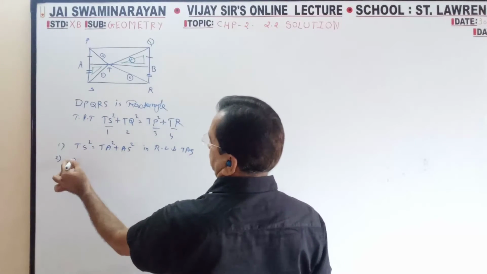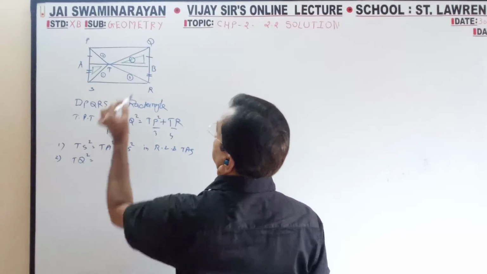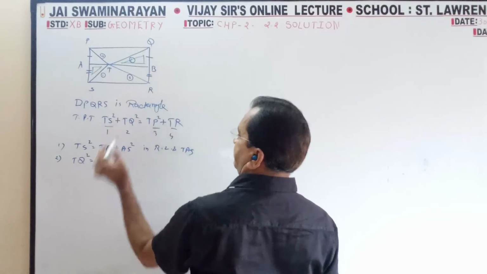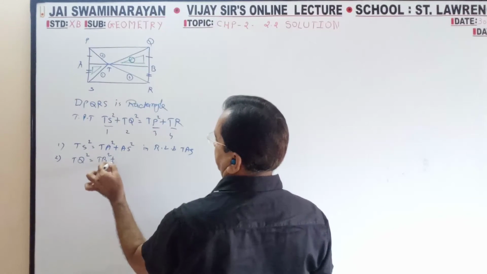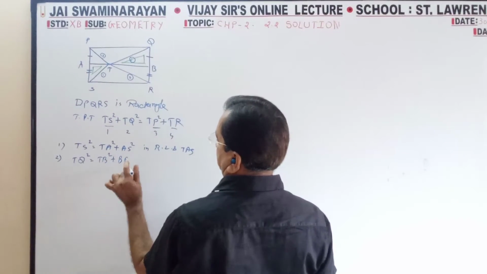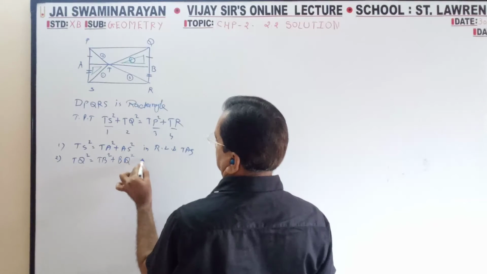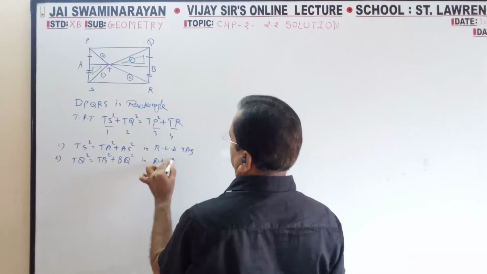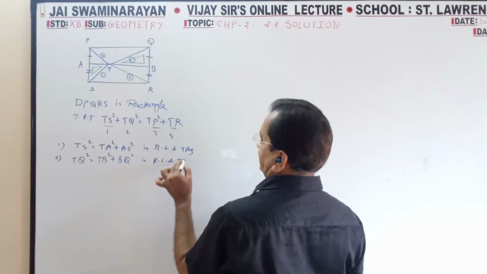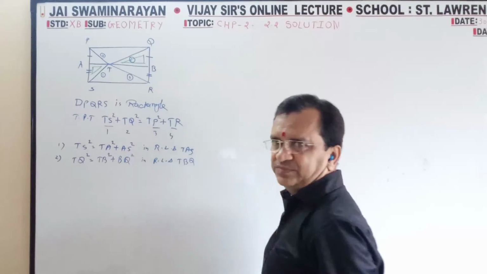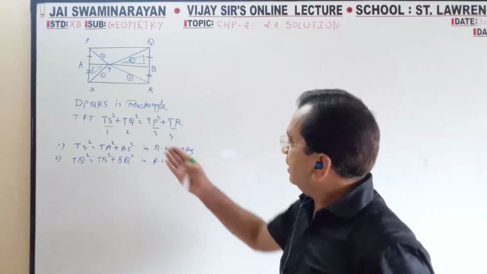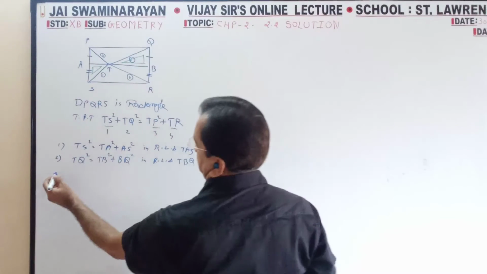Second, we want TQ square. TQ square, add B: TB square plus BQ square, in right angle triangle TBQ. First, second, I want the total.